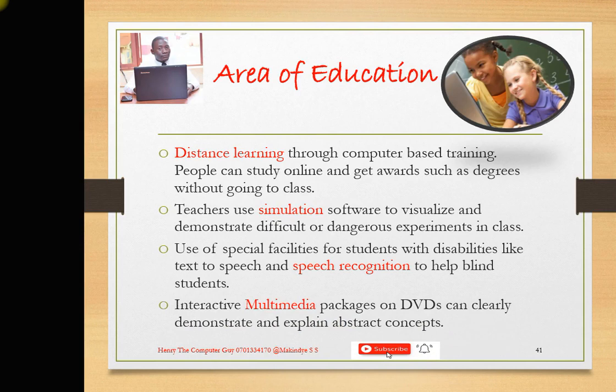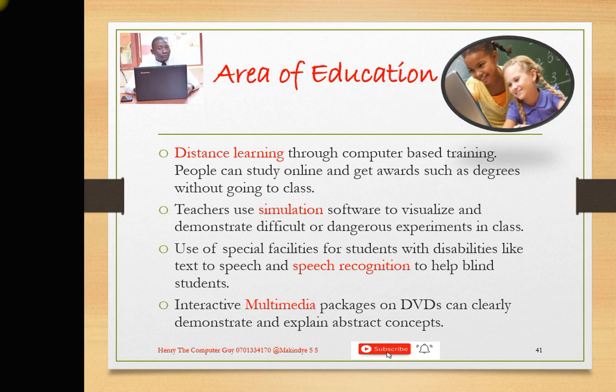Interactive multimedia packages on DVDs can clearly demonstrate and explain abstract concepts. Whenever a concept is hard to understand, we can create a DVD, give it to a student, then the student can learn on their own, at their convenience, in their free time.